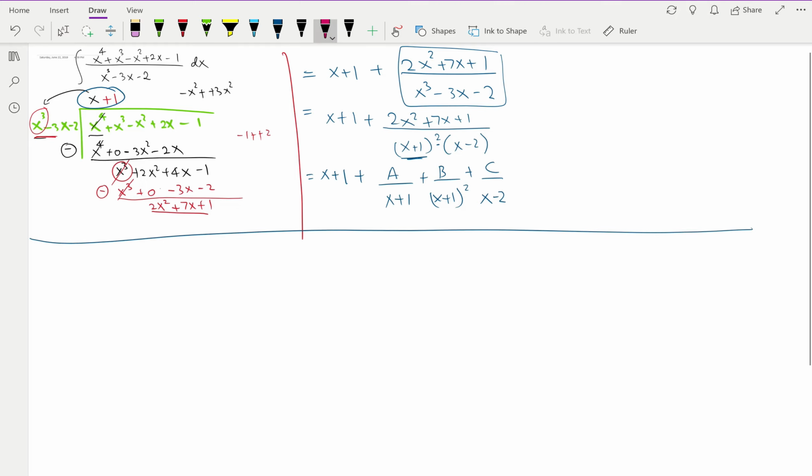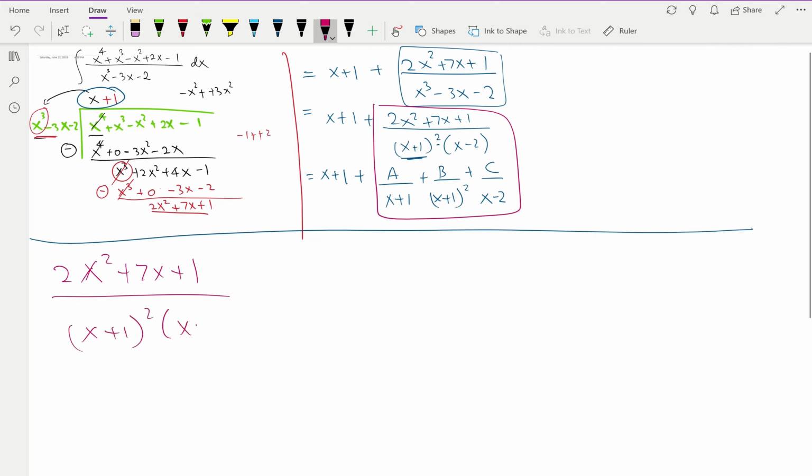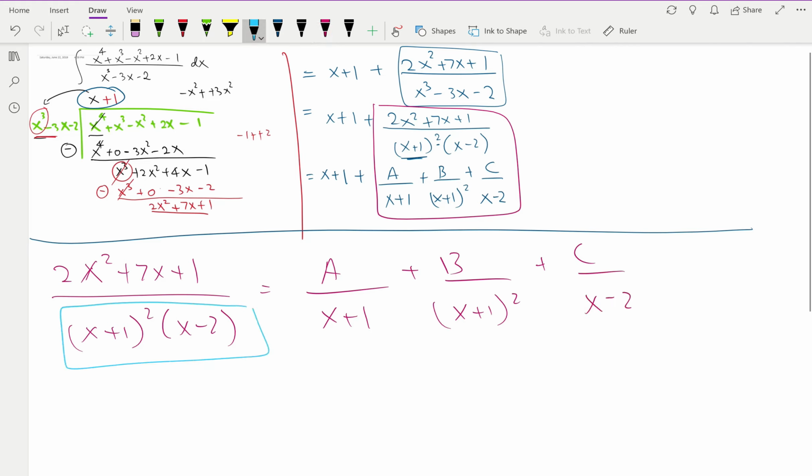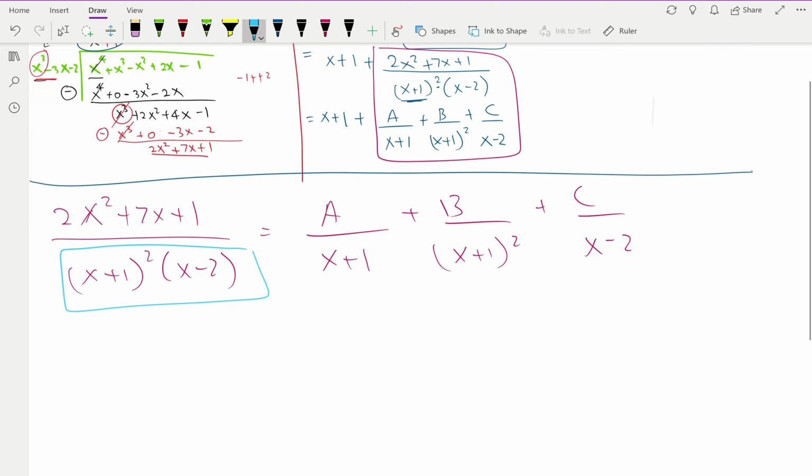To find A, B and C, we can just use this part of the decomposition. 2x squared plus 7x plus 1 over x plus 1 squared times x minus 2 is equal to A over x plus 1 plus B over x plus 1 squared plus C over x minus 2. We multiply both the left hand side and right hand side by this big denominator.